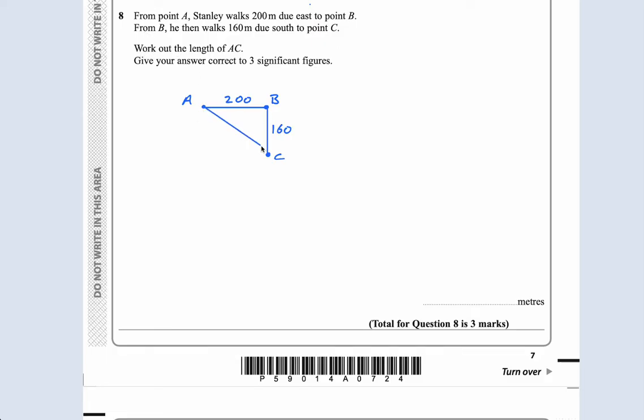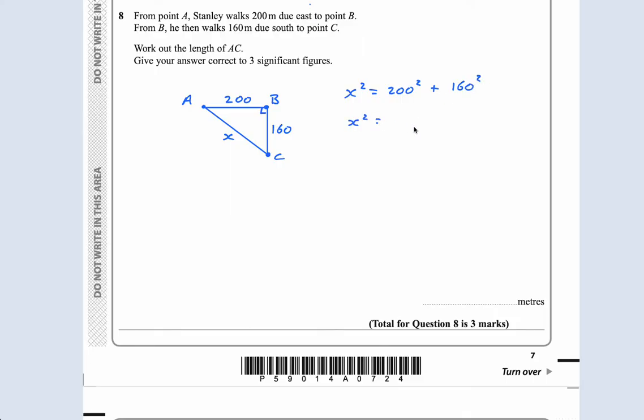So, guys, this is just kind of a disguised Pythagoras' theorem question, because if this is east and this is south, then this is a right angle, which means we can use Pythagoras' theorem. Let's call it x. I'll say x squared equals 200 squared plus 160 squared.